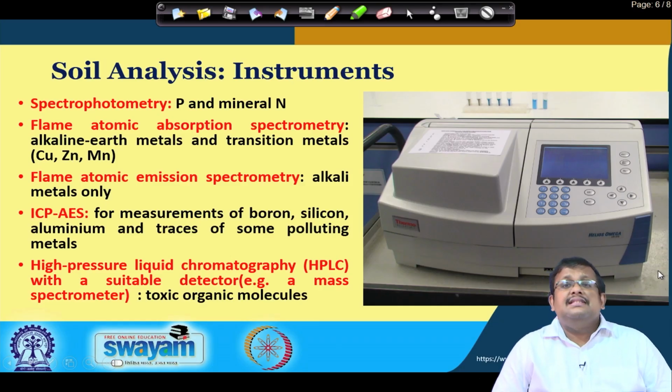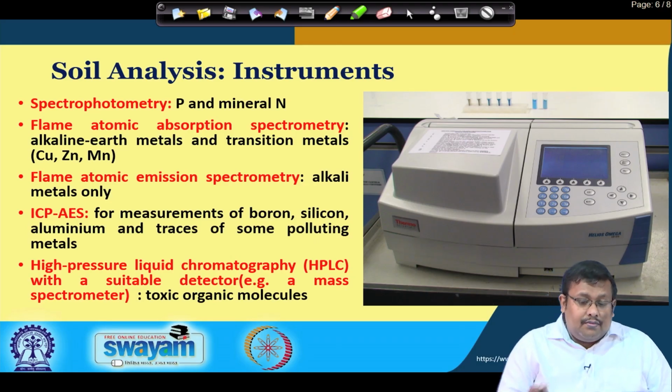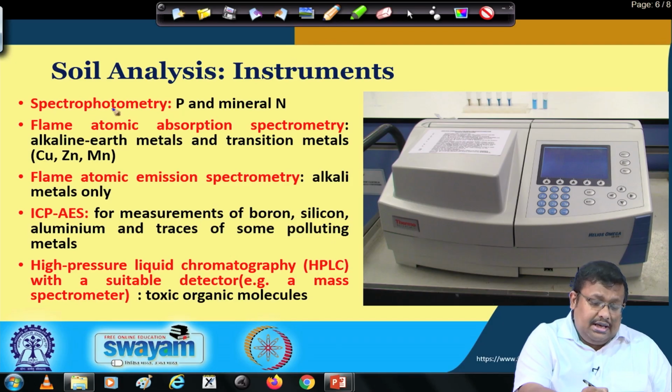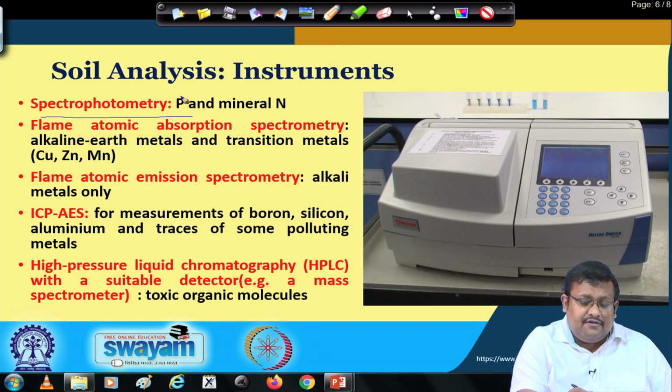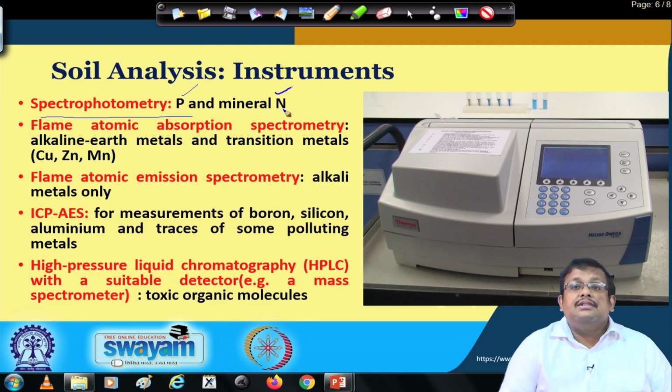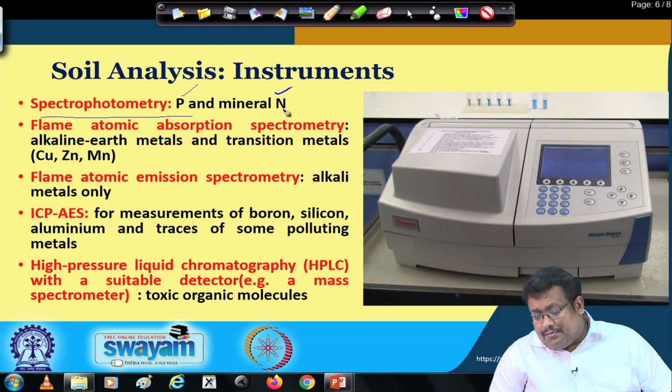Now, what are the general common instruments for measurement of different parameters in the soil? Spectrophotometry is a common method for determination of phosphorus and mineral nitrogen in soils, and I have shown here a UV based spectrophotometer.